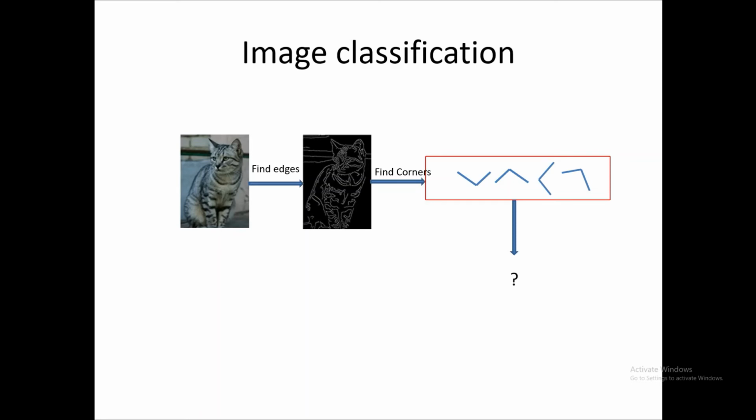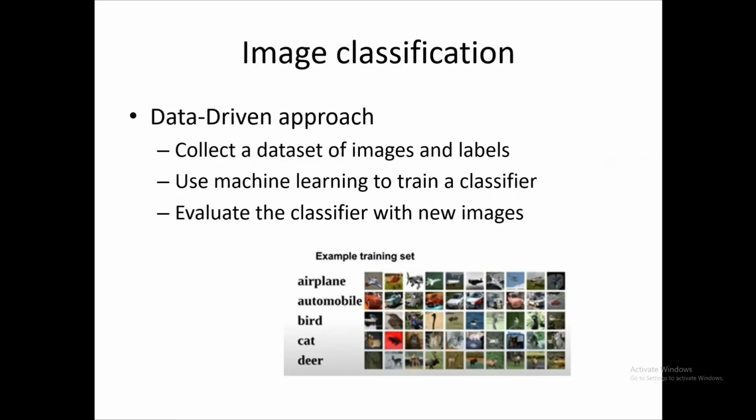So we have to come up with some algorithm or method for the recognition task which scales much more naturally to all the variety of objects in the world. This is the idea of the data-driven approach.